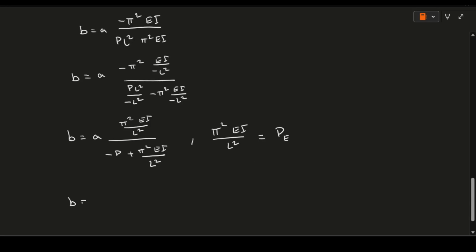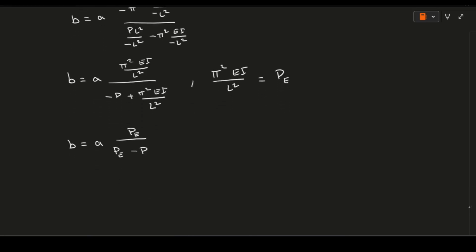Then we can say that b is equal to a times P sub E over P sub E minus P. So our y of x becomes b sine pi x over L. That's equal to a times P sub E over P sub E minus P sine pi x over L.